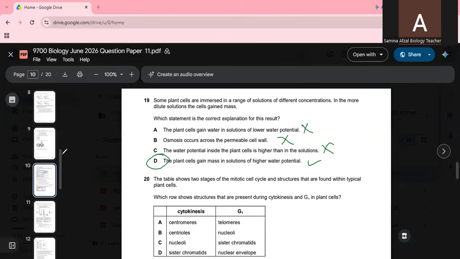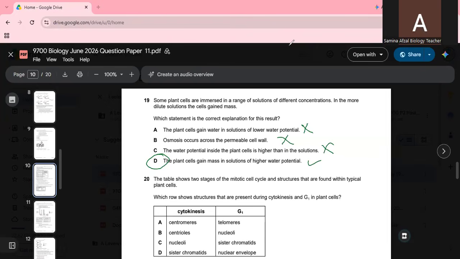So here you can see which row shows structures that are present during cytokinesis and G1 in plant cells. The first option is centromeres during cytokinesis and telomeres at G1.